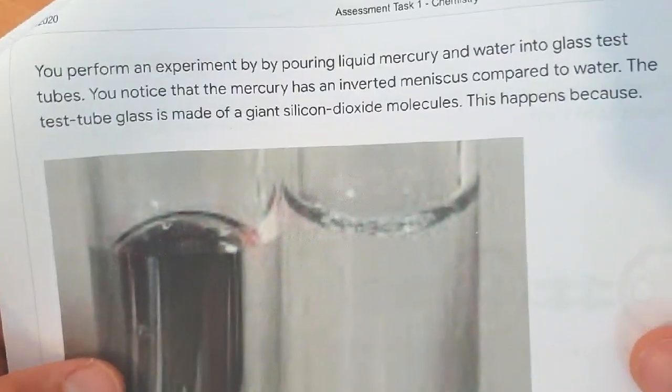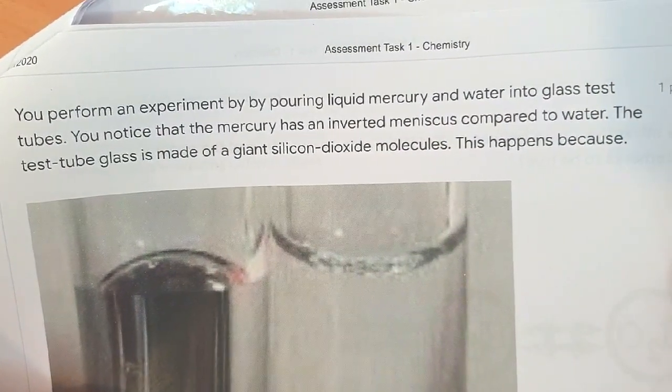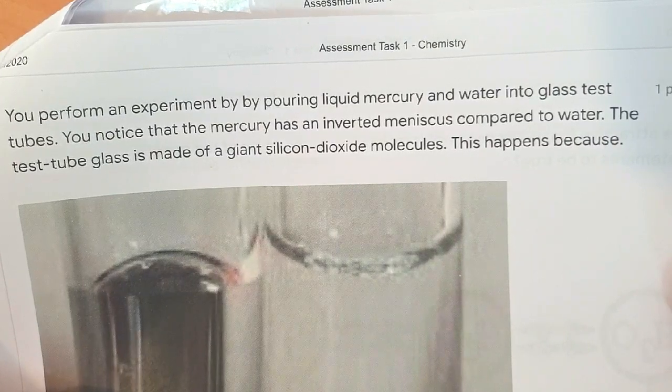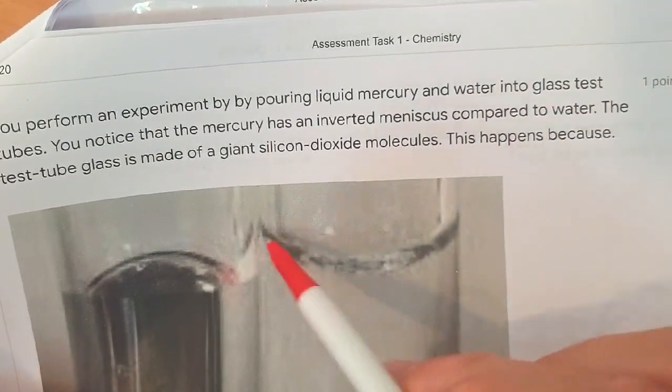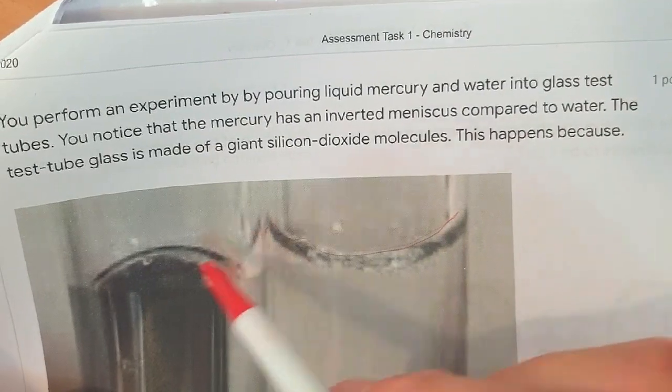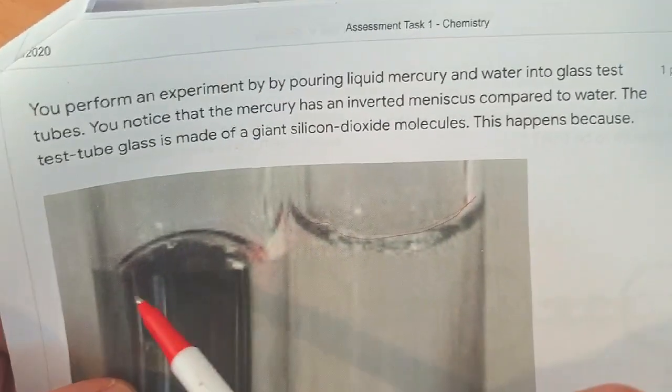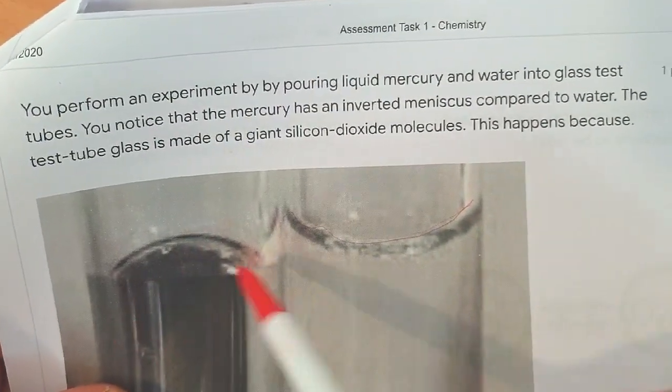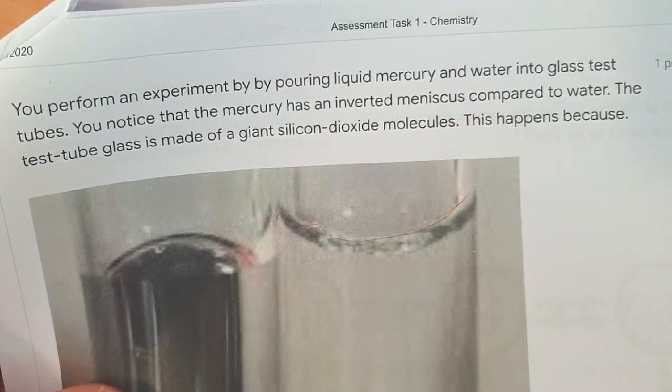Correct. Now, perform an experiment by pouring liquid mercury onto glass, so you've got one meniscus which is upwards and the other one which is down. It's quite an amazing phenomenon just to look at. Why does it do that?